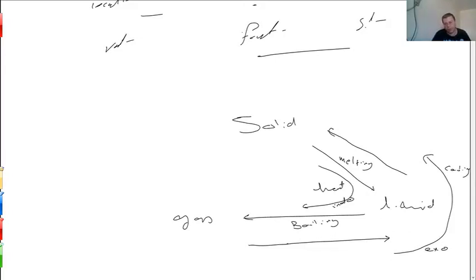From gas to liquid, this is condensation. From liquid to solid, you can say freezing or solidification. From solid to gas, direct change, known as sublimation. Those are the changes of state which we have.